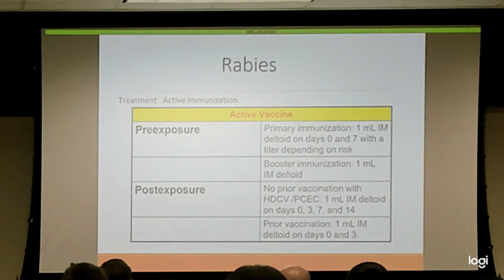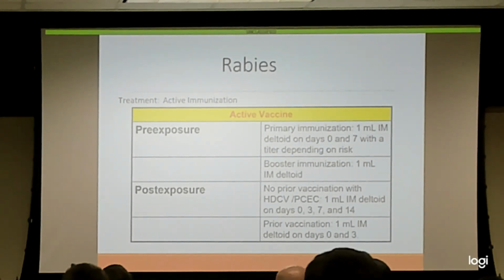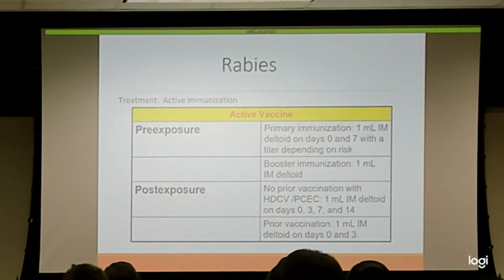If you're a civil affairs team going out, hanging out with animals, doing stuff like that in the middle of the jungle, hey, your exposure is probably a lot higher, which means, hey, you know what? At year 1, I'm going to make sure you do get a booster, okay? Vice year 3, which is what I believe the CDC recommends, okay?